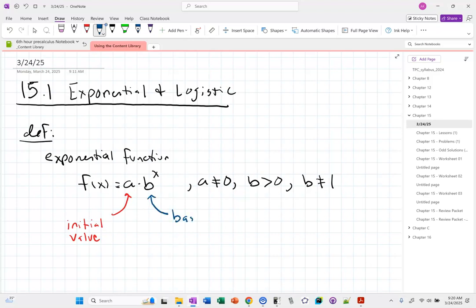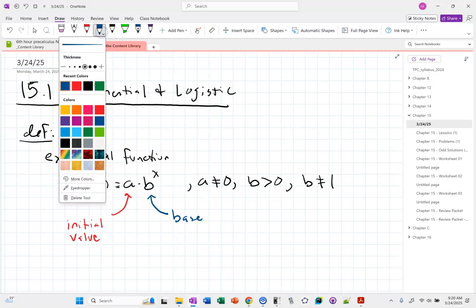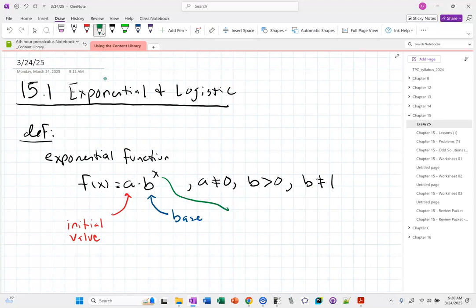This b, we call the base of our exponential. And obviously the x is located in the exponent. We'll call that the exponent. And that's the key characteristic of an exponential function. When you see the variable in the exponent, that's what you're dealing with.